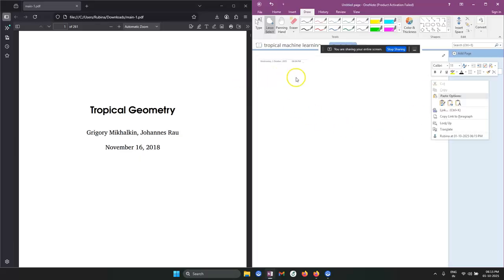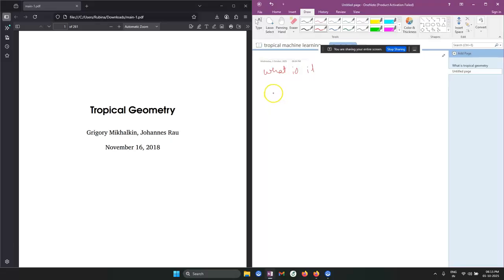So, we're going to start with what is tropical geometry. And I want you to understand that normal algebra, which is the real numbers with, say, addition or multiplication, has its own interesting properties.